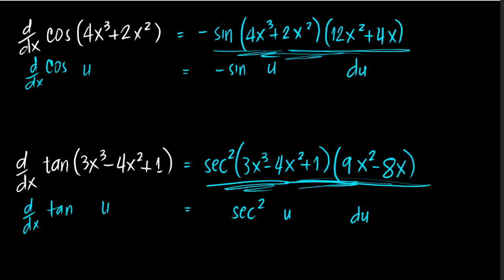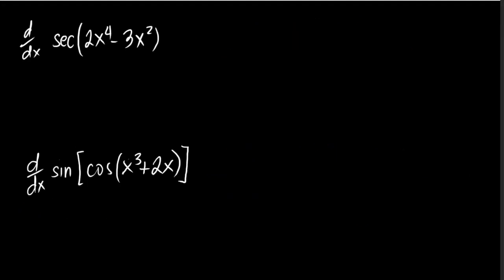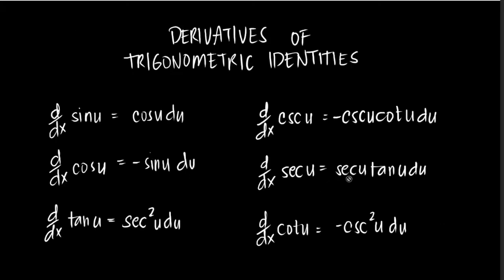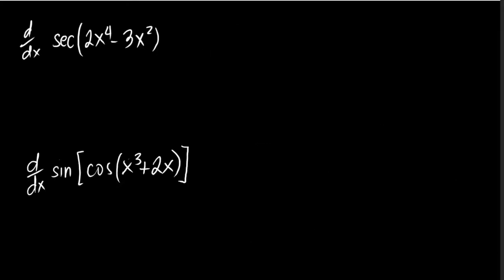Now let's try more difficult ones. Secant is going to be more difficult, but it's not hard, because the derivative of secant u is secant u tangent u du. So there's no need to derive u twice. Just follow secant u tangent u du.